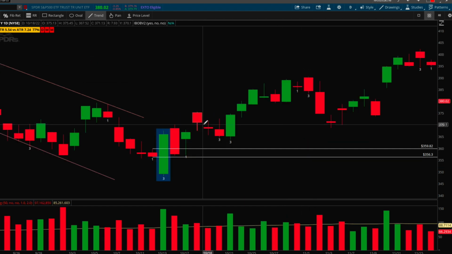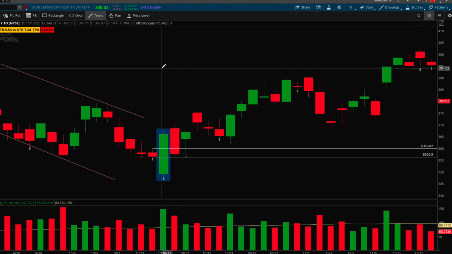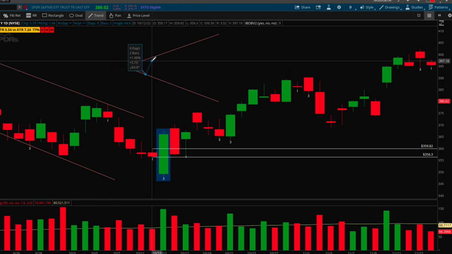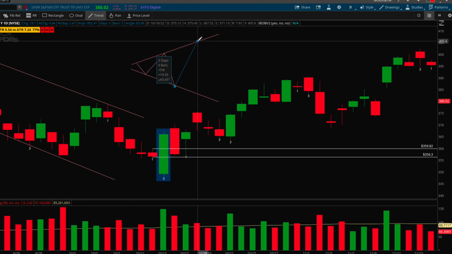Or what I would personally do when seeing this is like what I just talked about, right? Let's draw it again quickly. You have the broadening pattern forming, which we'll say happened like this.